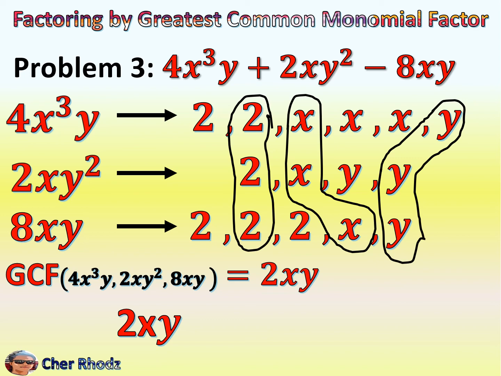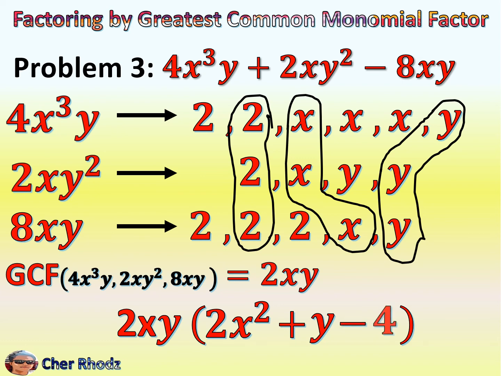On our first term, what is the remaining factor? The remaining factors are 2x squared. And then on our second term, what are the remaining factors? The remaining factor is y. How about on our third term? What are the remaining factors? The remaining factors are 2 and 2.